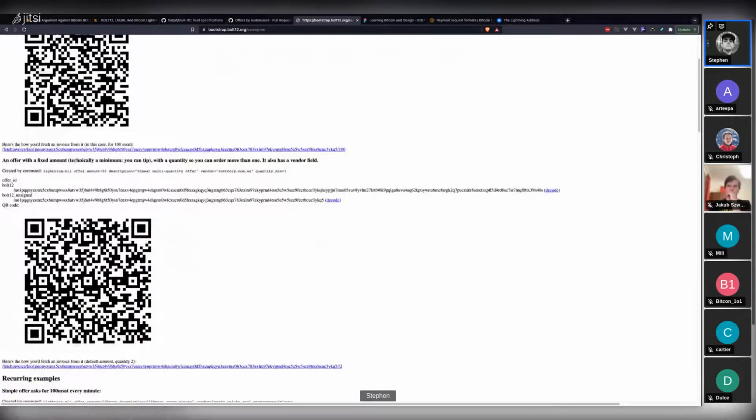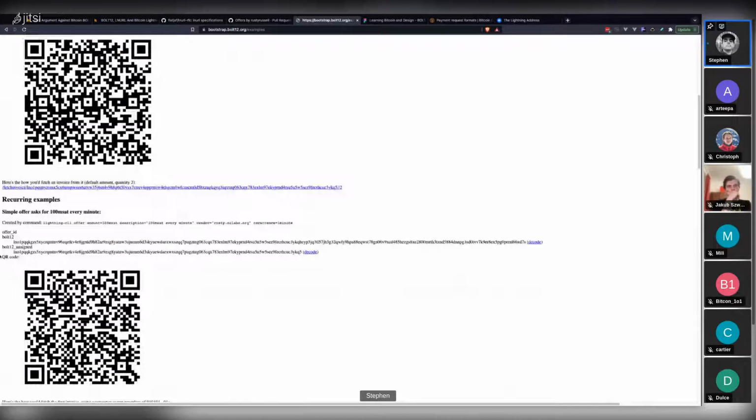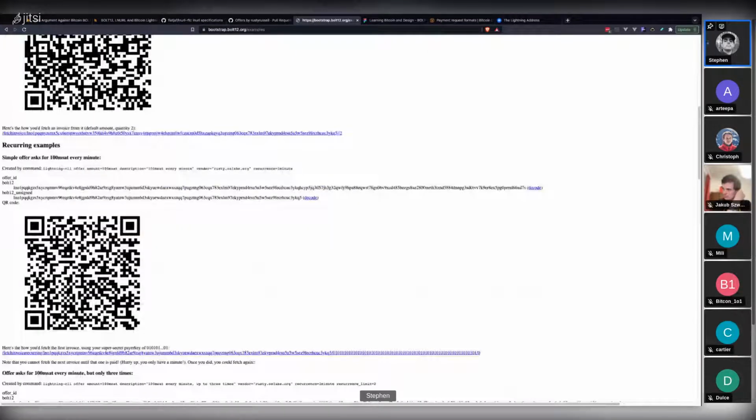But then this one has a fixed amount. So you could define, okay, if you want to pay me 50 sats or something like that, this offer would be scoped to a specific amount of Satoshis. Then you can start doing interesting things like recurrences, and you can make an offer that forms the basis of a subscription.